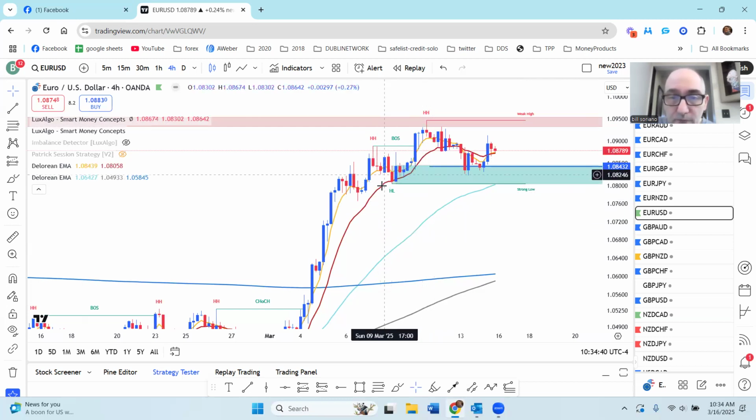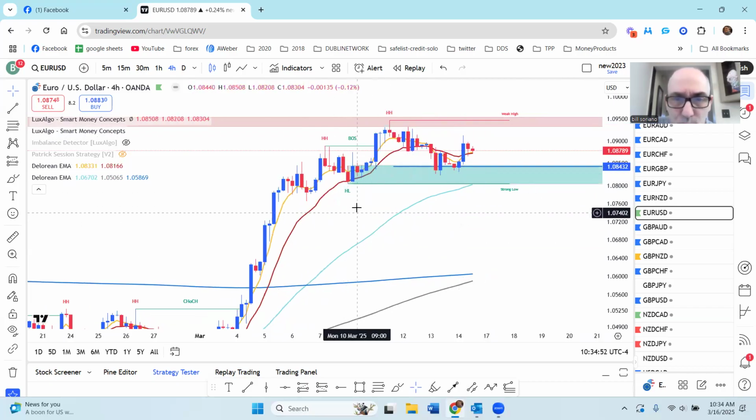But again, this system will more or less use the last down candle before the up move starts, or it will use the last up candle before the down move starts to identify the order block. And it will go by the lower wick. So it doesn't necessarily have to be a red candle for an uptrend or a blue candle for a downtrend. Whatever candle has the lower wick.